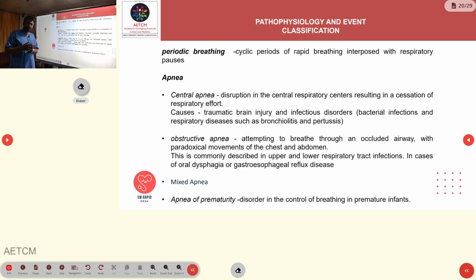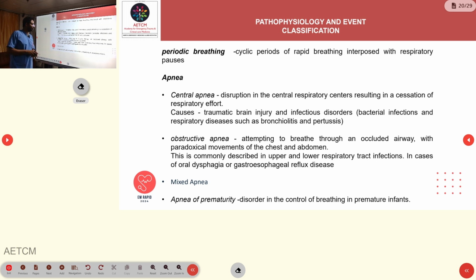The apnea can be 3 types, that is central apnea, obstructive apnea, or mixed apnea. The central apnea is due to the disruption of the central respiratory system. Mostly the causes for the central apnea include traumatic brain injury and disorders like bacterial infections and respiratory diseases like bronchiolitis and pertussis.